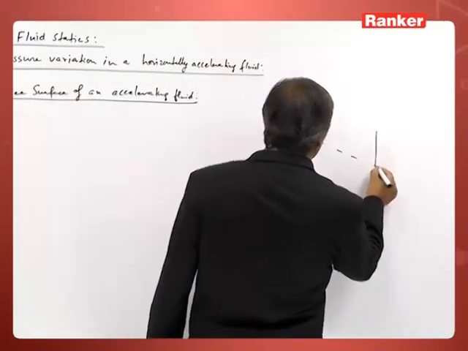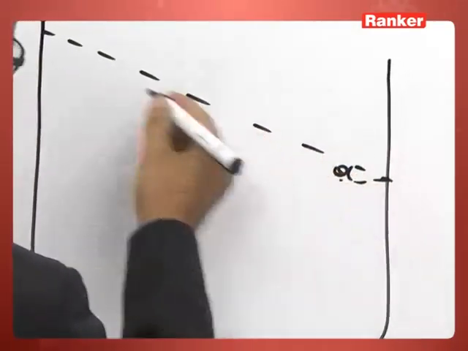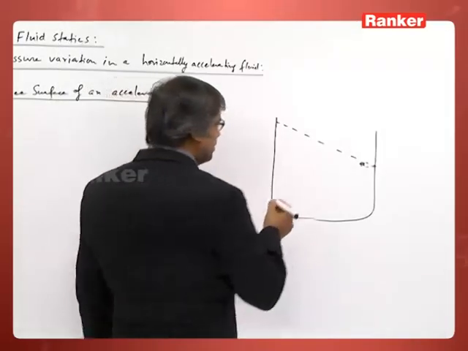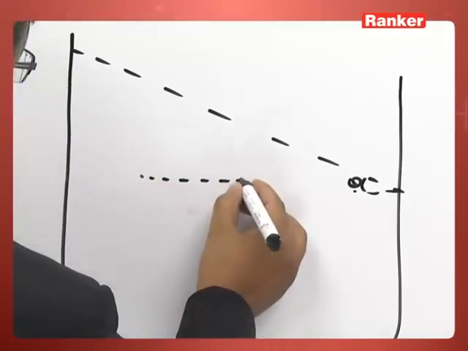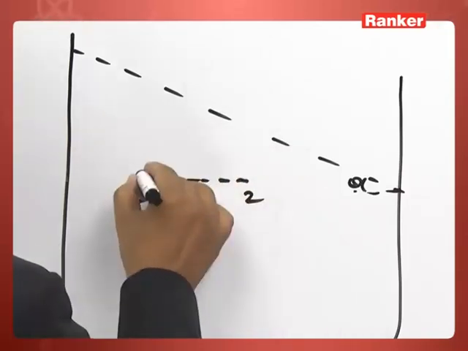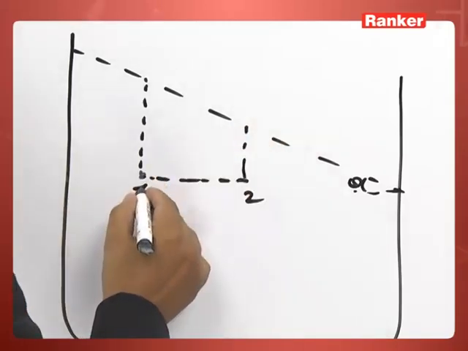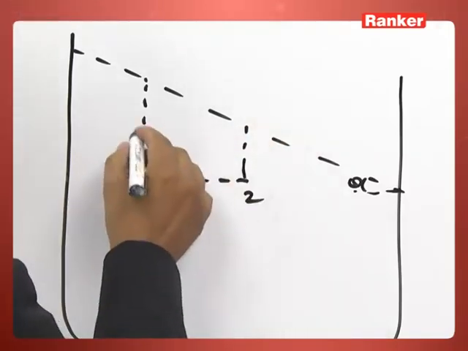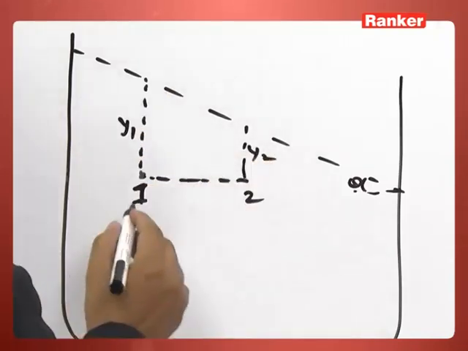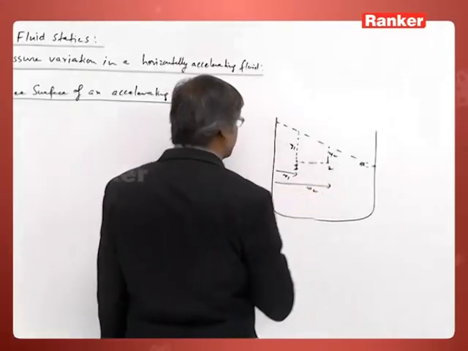So, we have this free surface and I wish to know what is the angle this free surface makes with the horizontal. This is what I wish to calculate. So, what I do? I take 2 points 1 and 2. So, you see here at 1 and 2 and this distance is y1 and this distance is y2, here this is x1 and here this is x2.